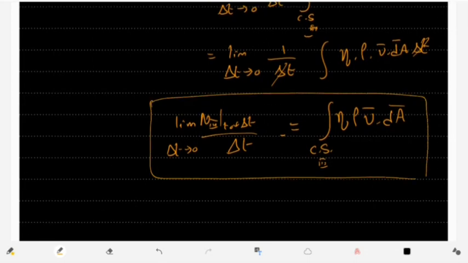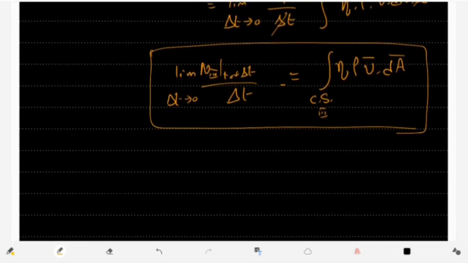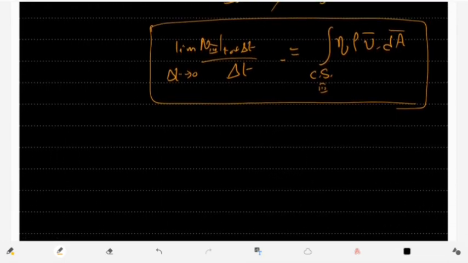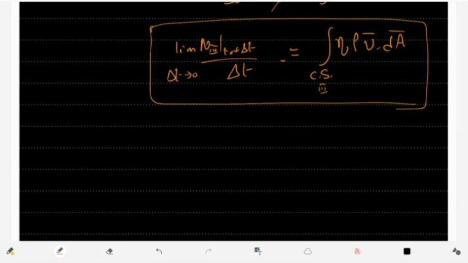This is the value of the limit N3 of t naught plus delta t by delta t.